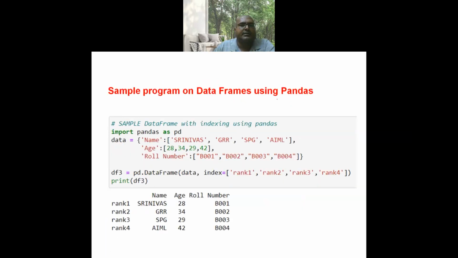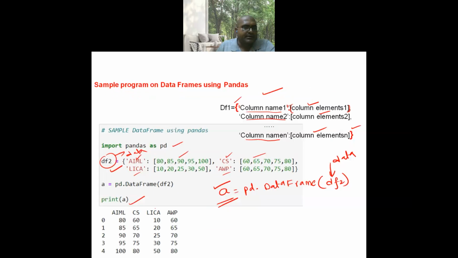Sample programs on data frames using Pandas. The difference between the previous program and this program is that in the previous program, we did not mention the index values, so by default the index values start from 0.